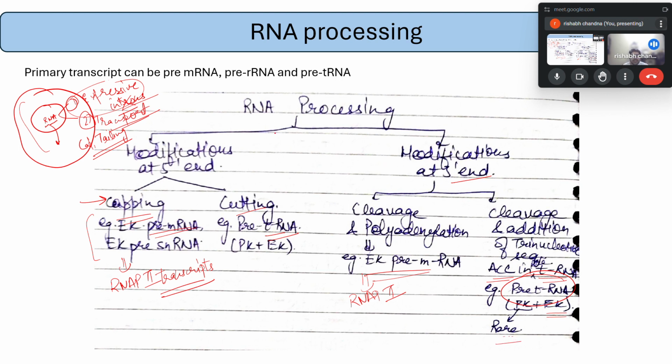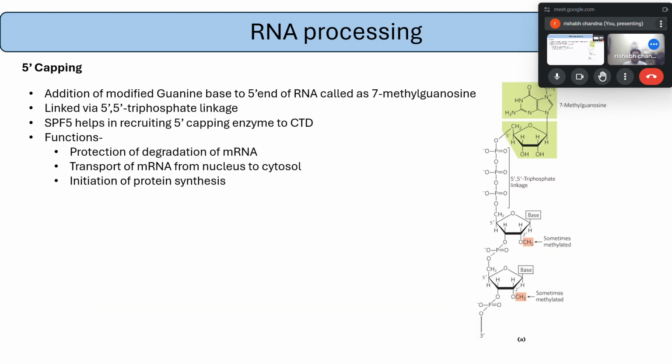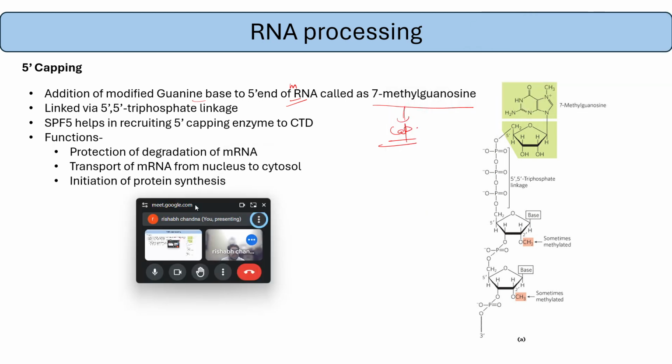First we'll start with the 5 prime modification, that is capping. Capping is the addition of a modified guanine base to the 5 prime end of the mRNA. This is specifically called 7-methyl guanosine, which is the name of the cap. Here you can see the structure of the cap.